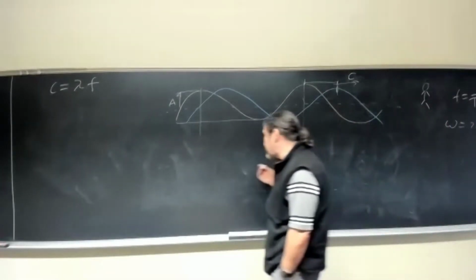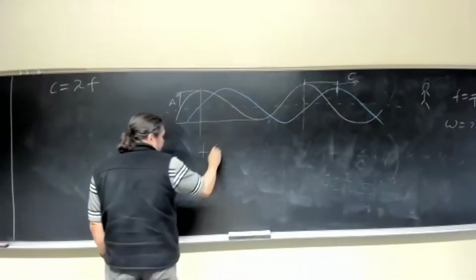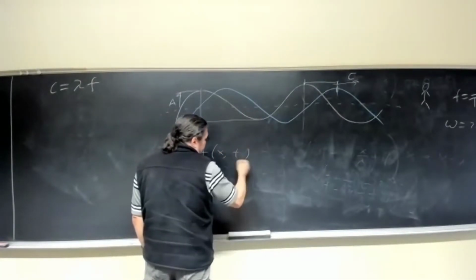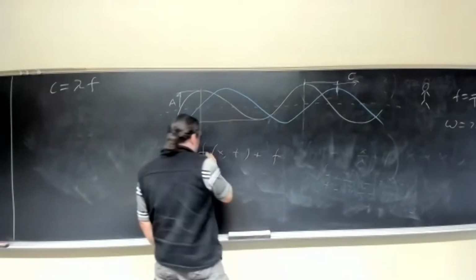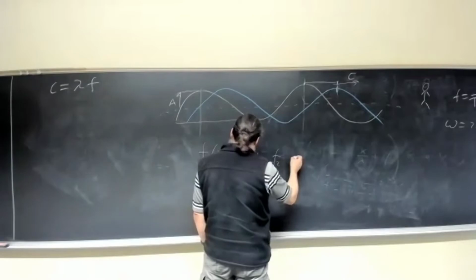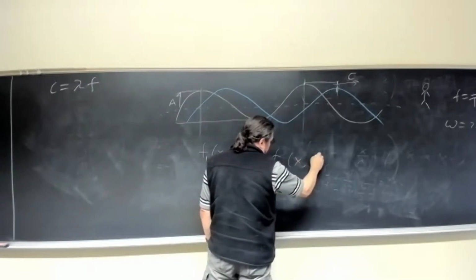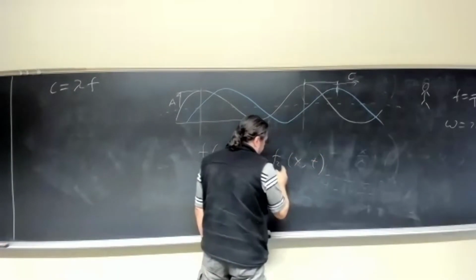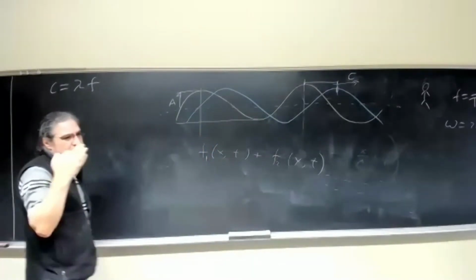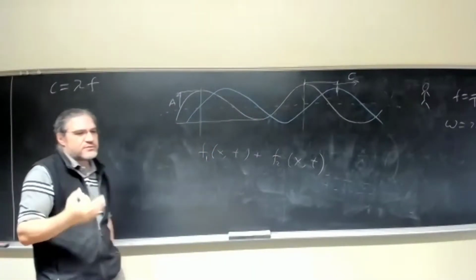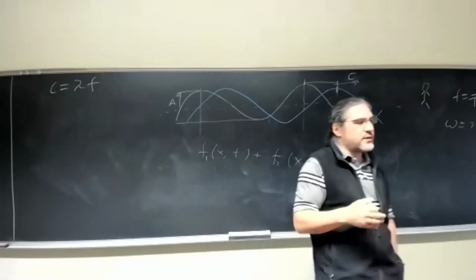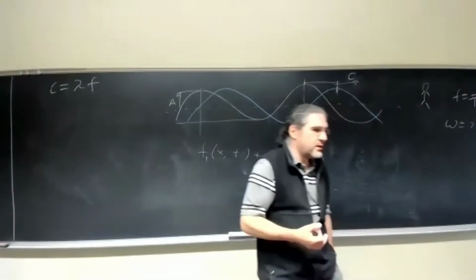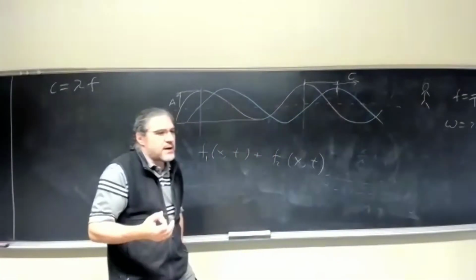One wave is F1 of x and t, the other is F2, and I'm sitting at the same point. What I observe is the sum of them. I'm just looking at the simple sum of those two waves. That is called the principle of superposition.